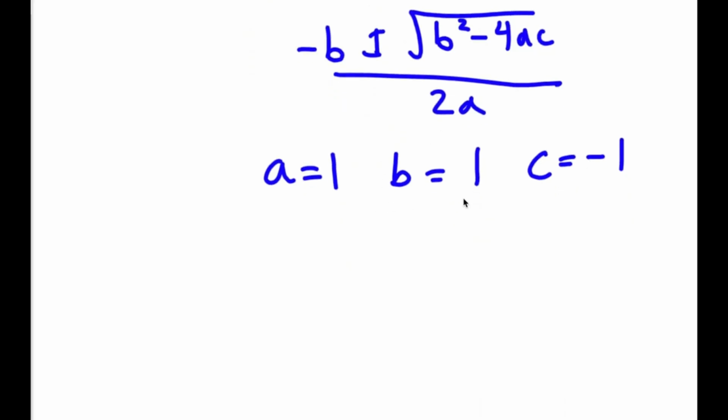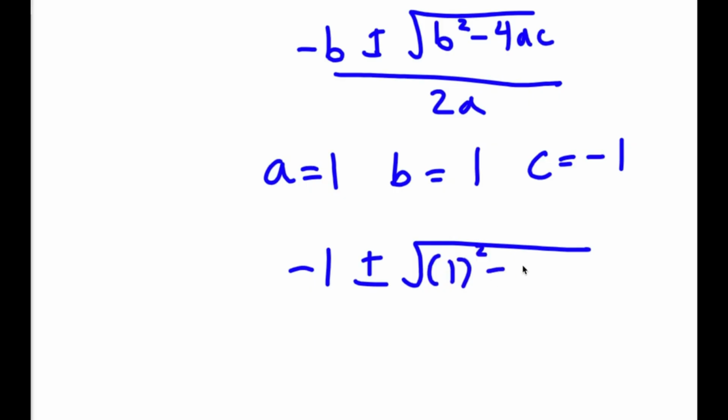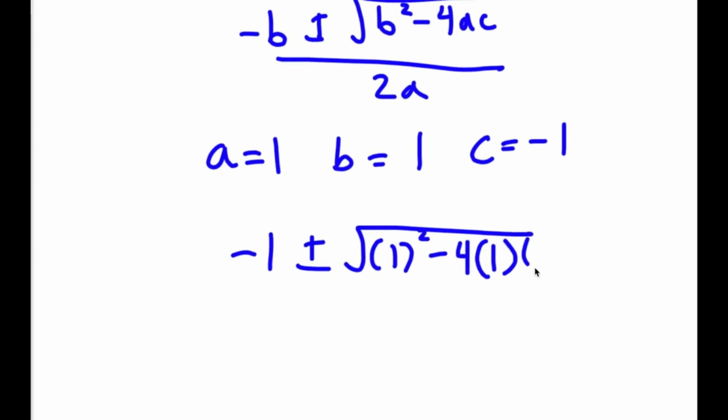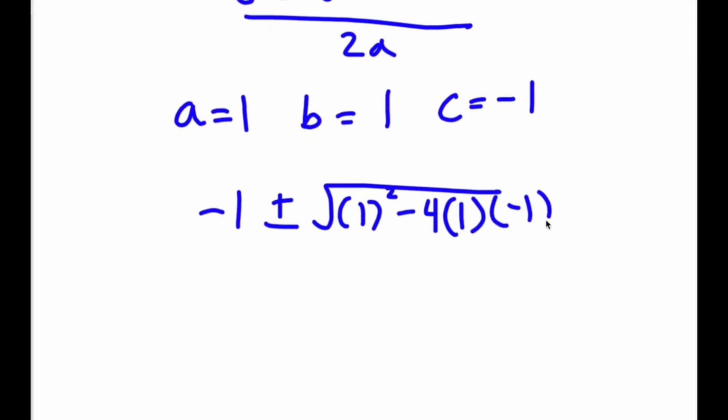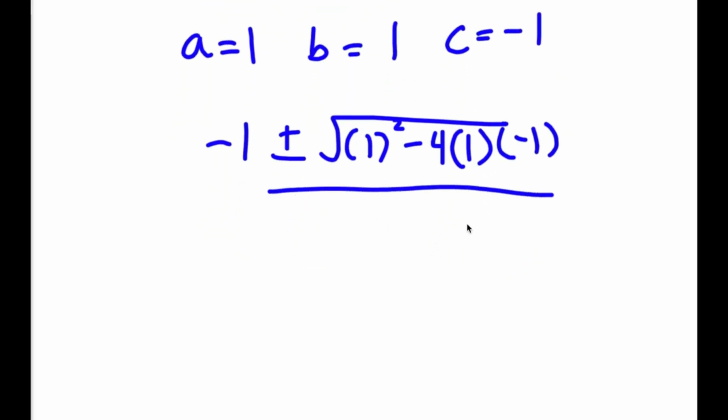So now if I plug these values into our quadratic formula, I get negative 1, because negative b, plus or minus the square root of b squared. So 1 squared minus 4 times a, which is 1, times c, which is negative 1.